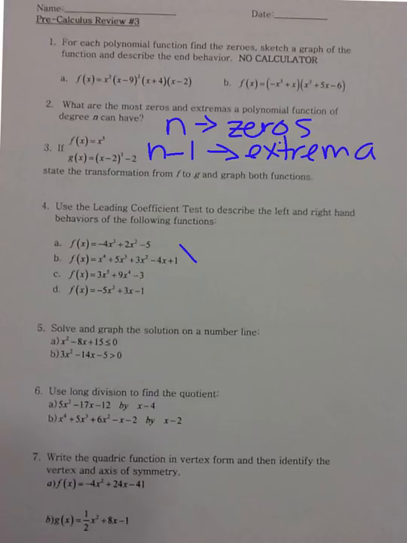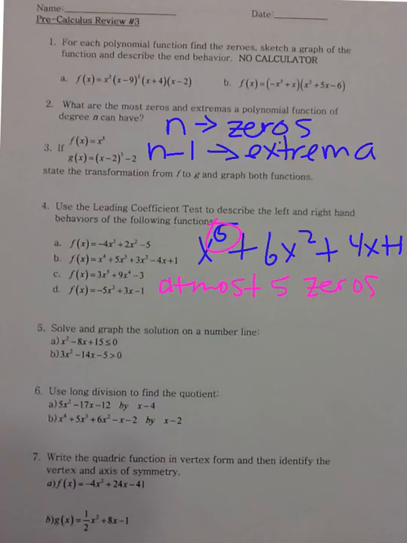So let's say I have x to the 5th plus 6x squared plus 4x plus 1. My degree is 5, right? So it will have at most 5 zeros, and it'll have 5 minus 1, so 4 extrema.